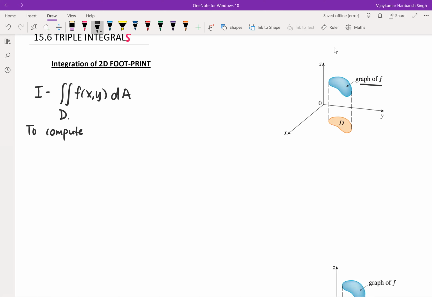to compute I, we need to express I as an iterated integral.